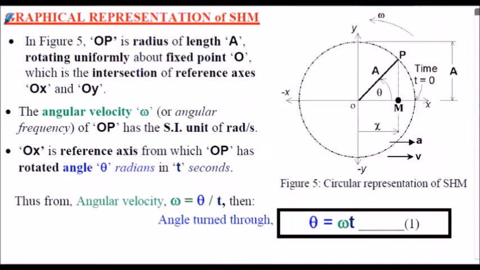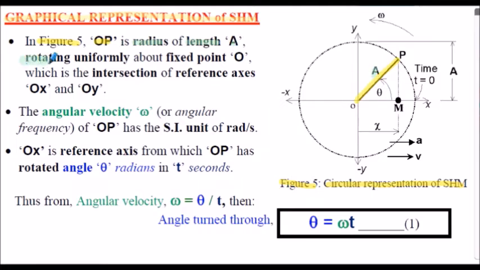Let's consider a graphical representation of SHM. In figure 5, shown here, which is a circular representation of SHM, OP, shown here, is a radius having a length A, shown here.